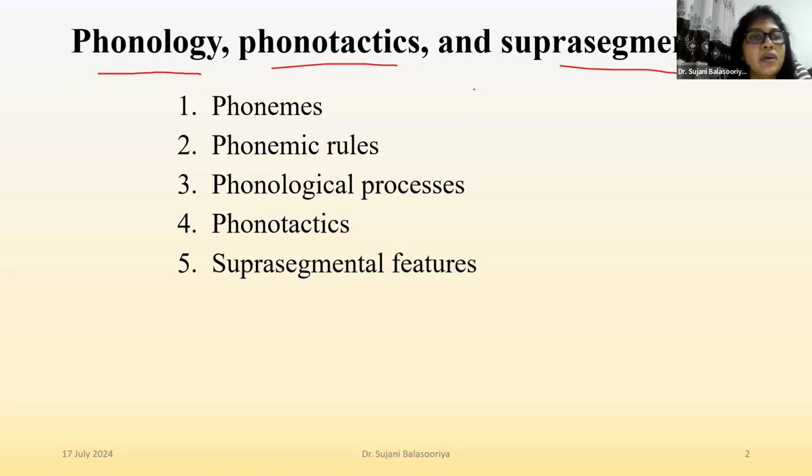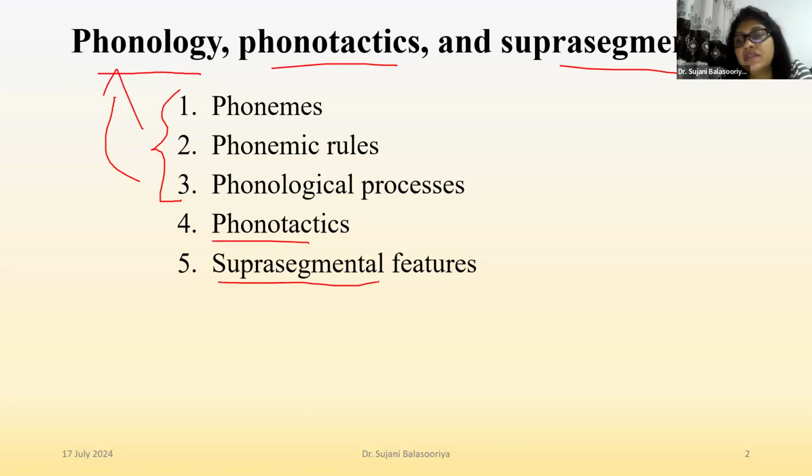So talking about phonology, number 1, 2, 3 are directly related to phonology, then we have phonotactics, then finally suprasegmental features. You might know something about phonology. I know you have learned the term phoneme.